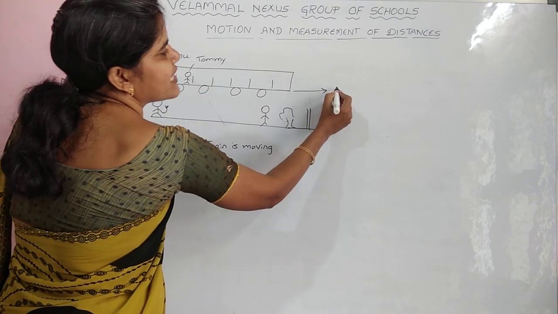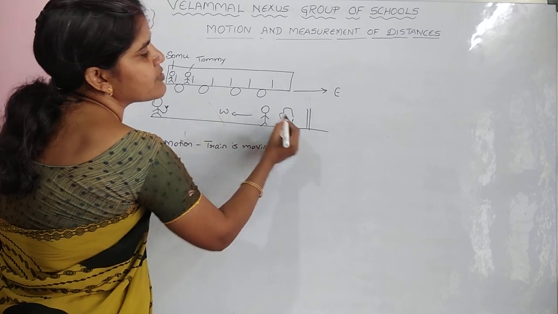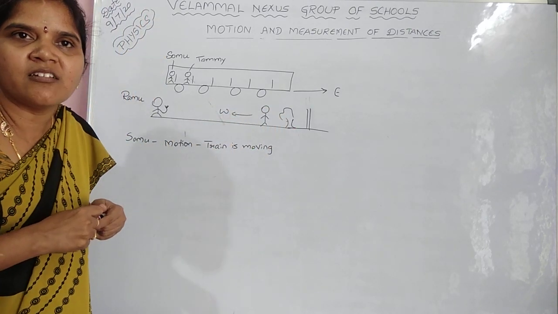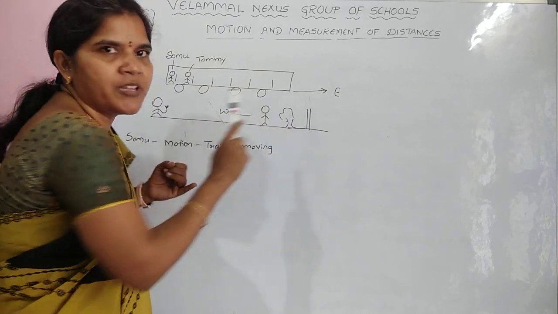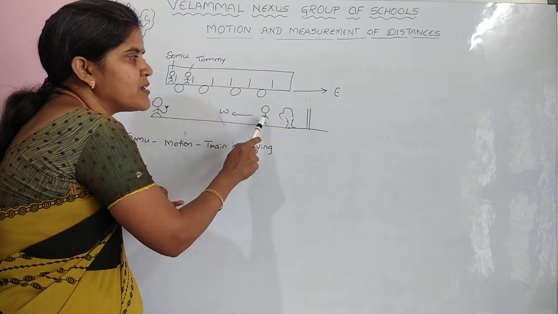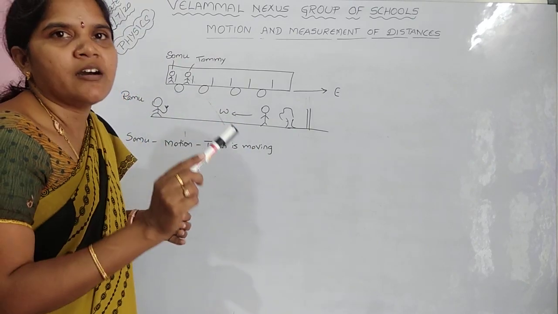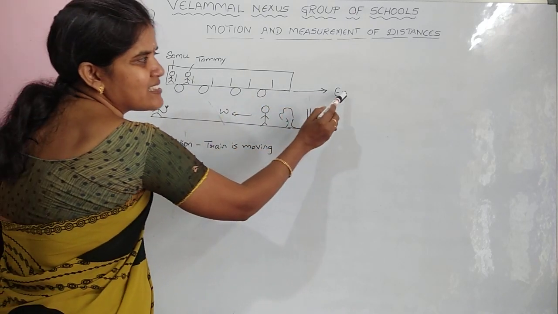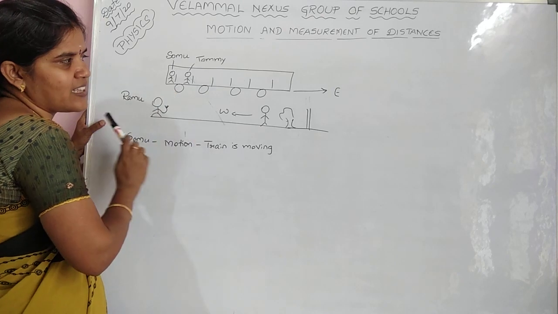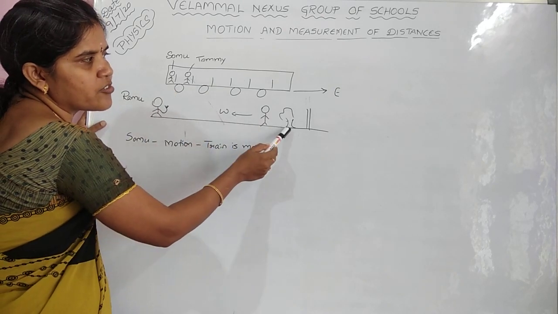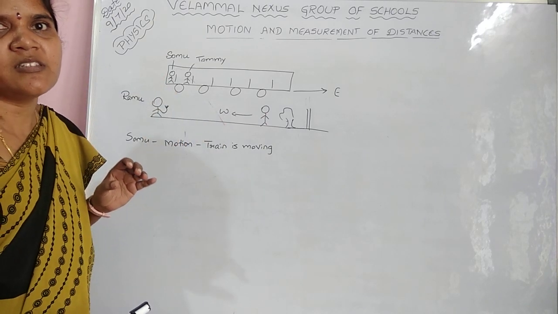Suppose the train is moving in the east direction, Somu feels that these are moving in the west direction. Actually, children, I repeat, the tree will be in rest position, you all know. The electric pole will be in rest position, you all know. The person standing here is also in rest position. Is it clear? Now, as the train is moving in the east direction, Somu feels that this person is also moving, the tree is also moving, the electric pole is also moving in the west direction. Is it clear?